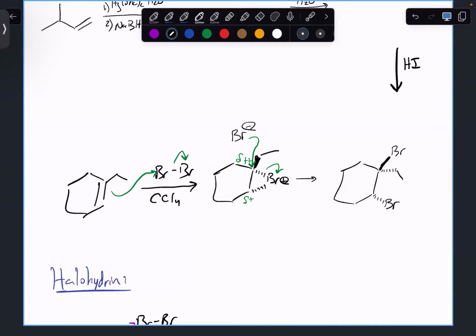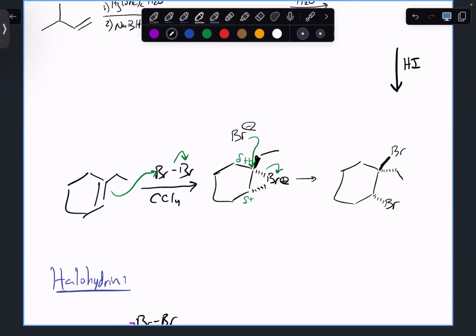It's not a full positive charge, but it's a partial positive charge, so it's going to be more stable the more substituted it is. So you're going to have more of the positive charge on the carbon that can best stabilize it. Yeah, you would see a 50-50 mix.